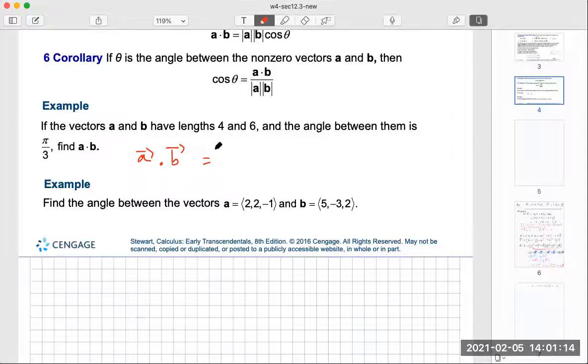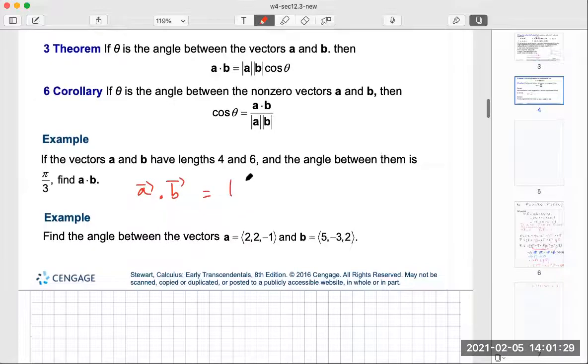Pick whatever way you want. This is just an explanation to make it clear, so you can memorize the fast way that you're comfortable with. A dot B will be from this formula, absolute value.